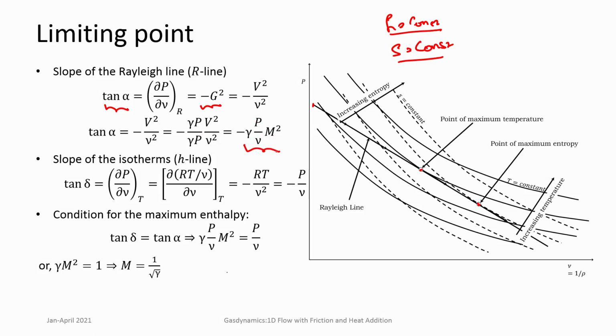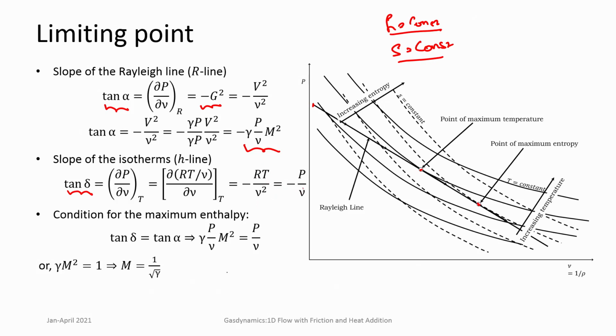Okay. Now, what about the slope of isotherms? That is taken as tan delta, which is dou p by dou v at constant temperature, and we know the ideal gas equation of state, and from there we can find out when temperature is constant what is the slope of the isotherms: RT by V square.